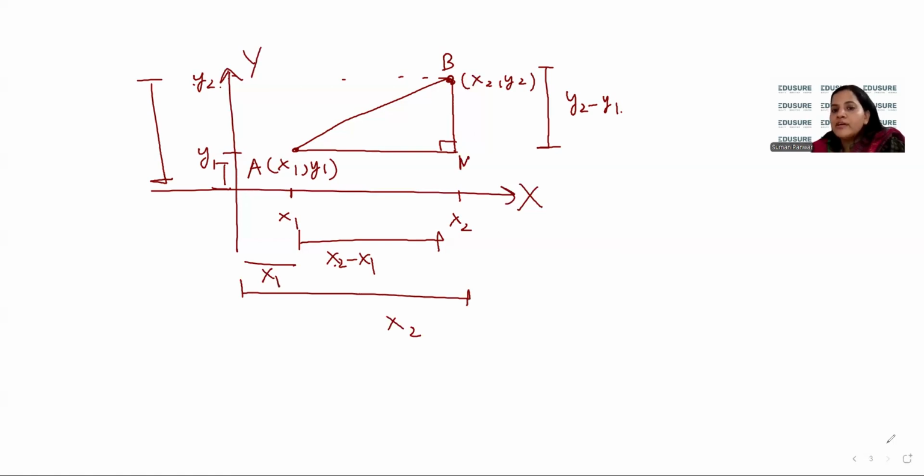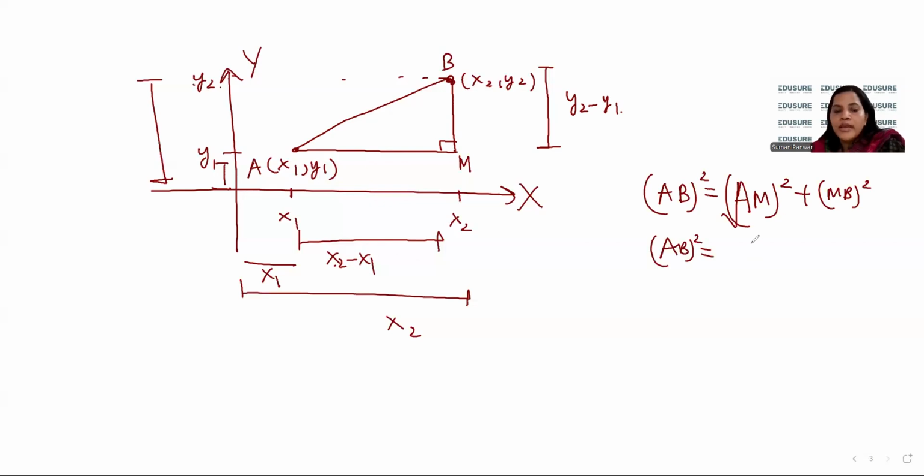So again, by Pythagoras theorem, AB square is equal to AM square plus MB square. So AB square is equal to AM square, which is x2 minus x1 whole square, plus MB square, which is y2 minus y1 whole square.